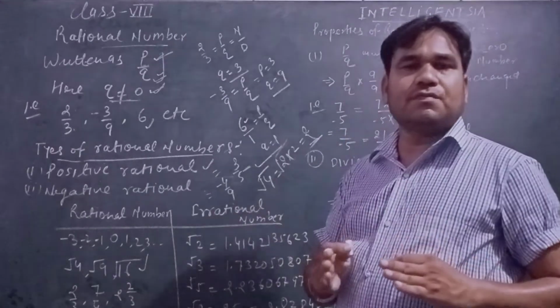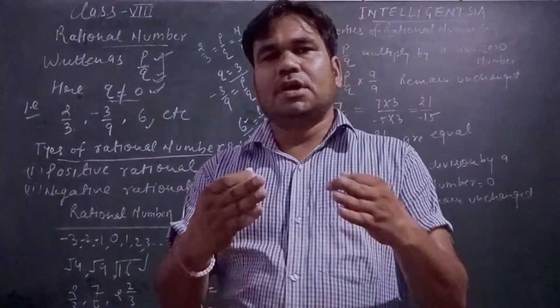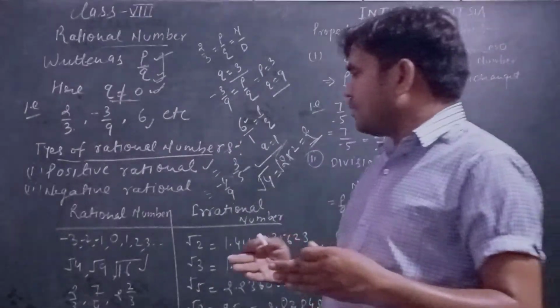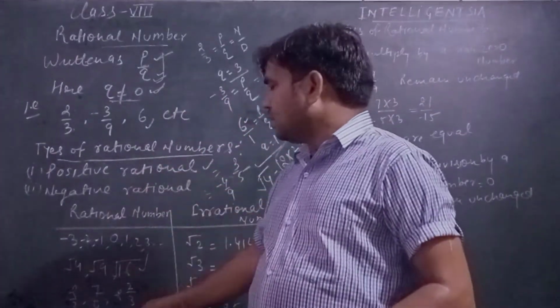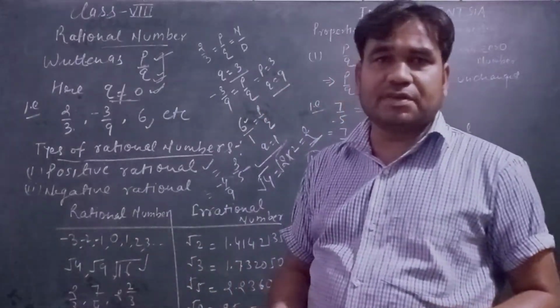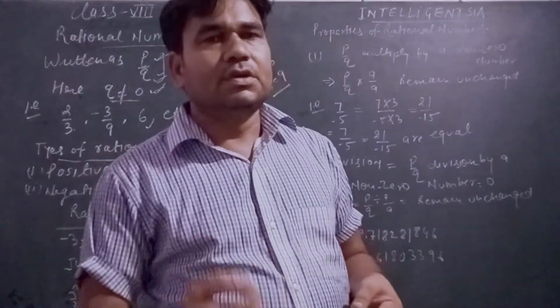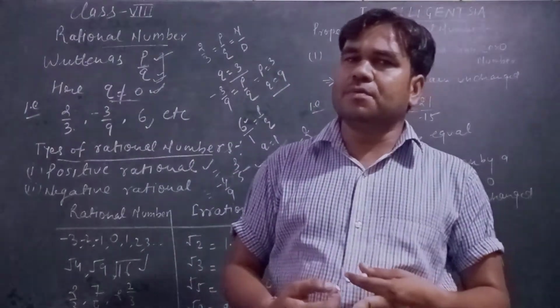So this type of form is also a rational number. And after that you see fractional form, whether simple fraction form or mixed fractional form. So it is also called a rational number.